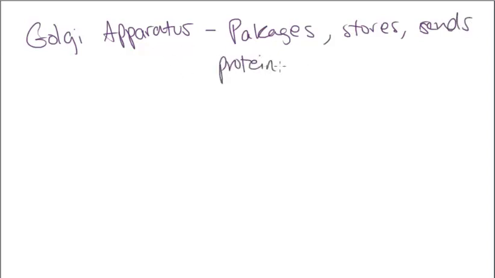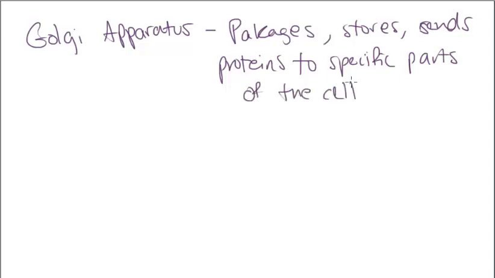And there are basically two types of proteins that'll be sent from the Golgi apparatus: the ones that are membrane bound and the ones that stay in the cell. And we'll talk about that a little more later.